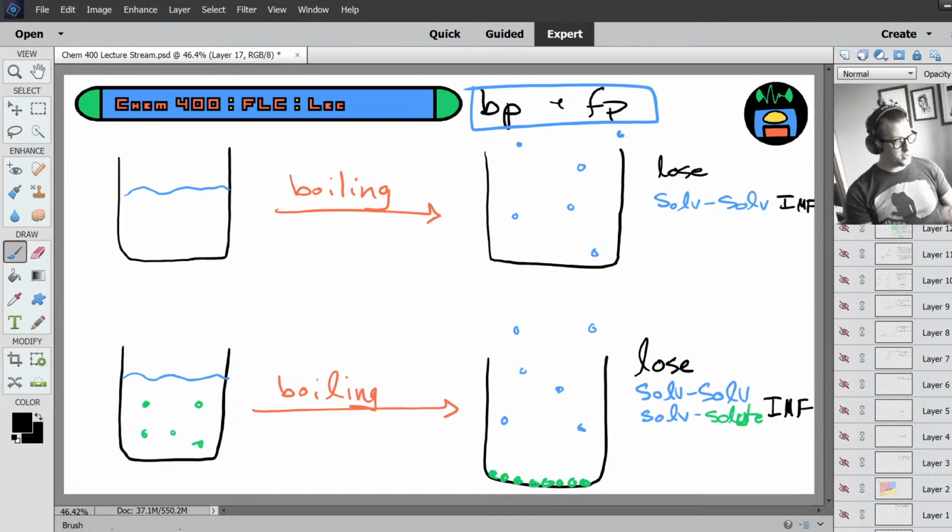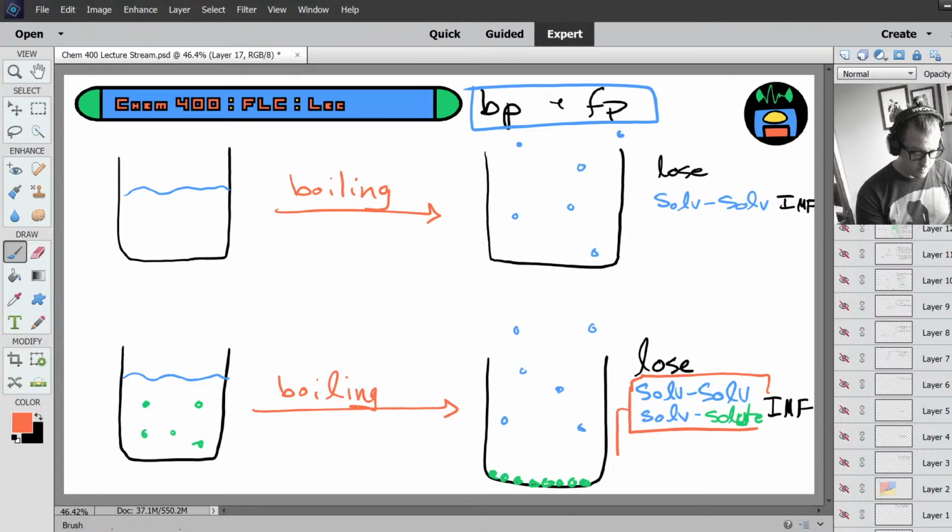You're losing the solvent-solvent and the solvent-solute, because we're breaking up more intermolecular forces. This requires more energy.